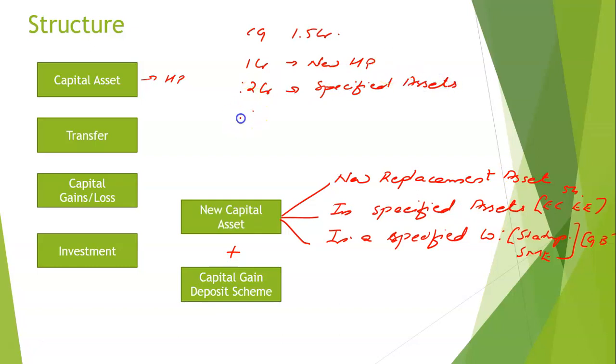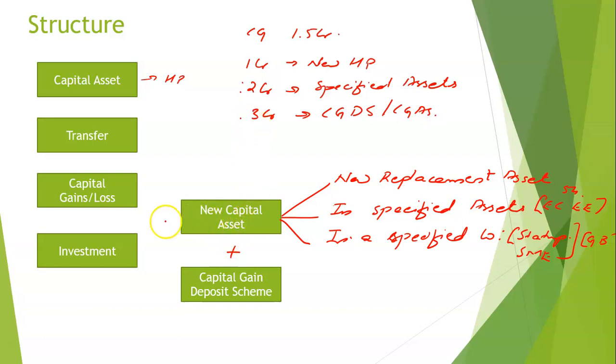And the balance of 0.3 crore ICAI puts in the capital gain deposit account scheme. I'll be referring to this capital gain deposit scheme as CGDS or CGAS in my study. I've just shortened it for the ease of teaching. So CGDS or CGAS, capital gain account scheme. So this is the whole structure.